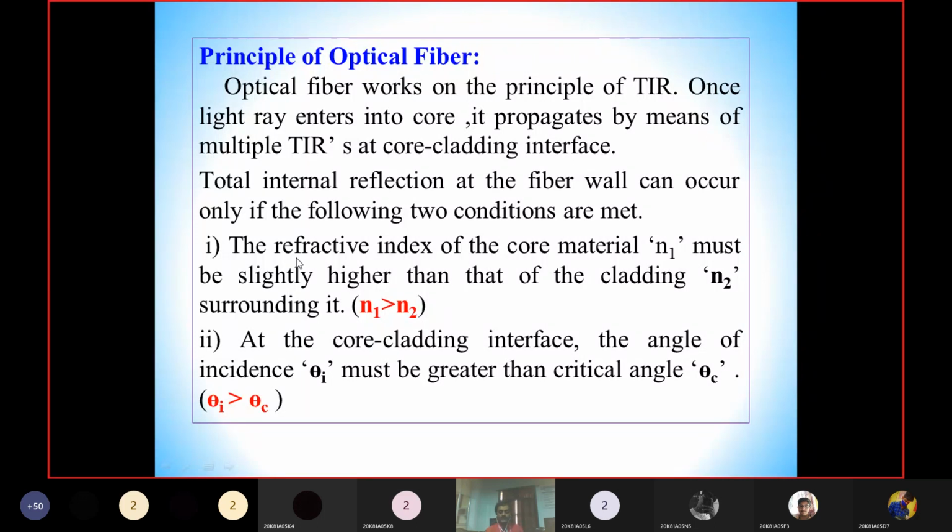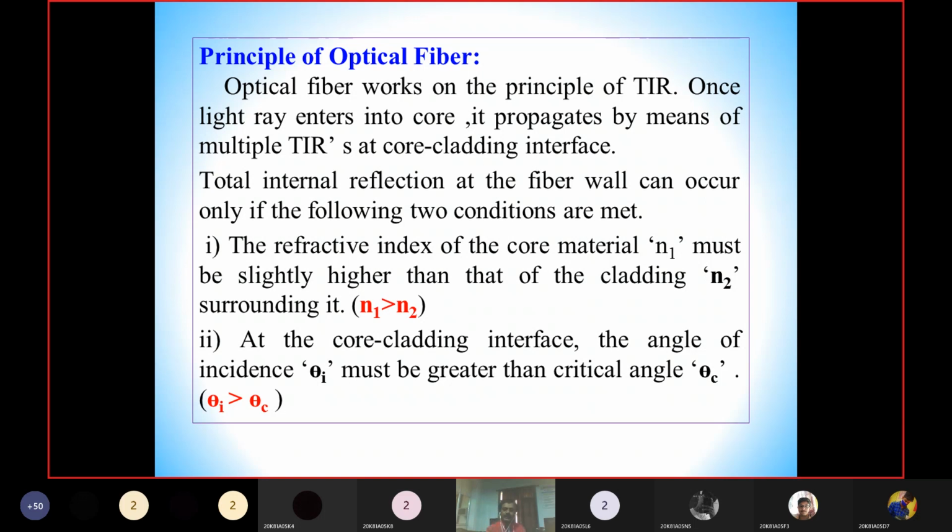The first condition, as already discussed: the refractive index of the core material N1 must be slightly higher than that of the cladding material. The refractive index of the core is N1 and of the cladding is N2, therefore N1 is greater than N2. This is the first condition for getting total internal reflection.